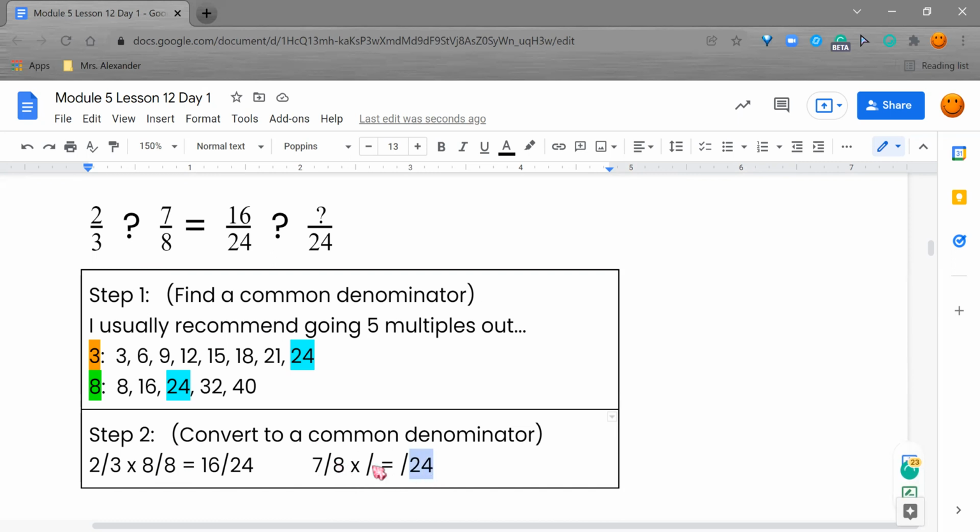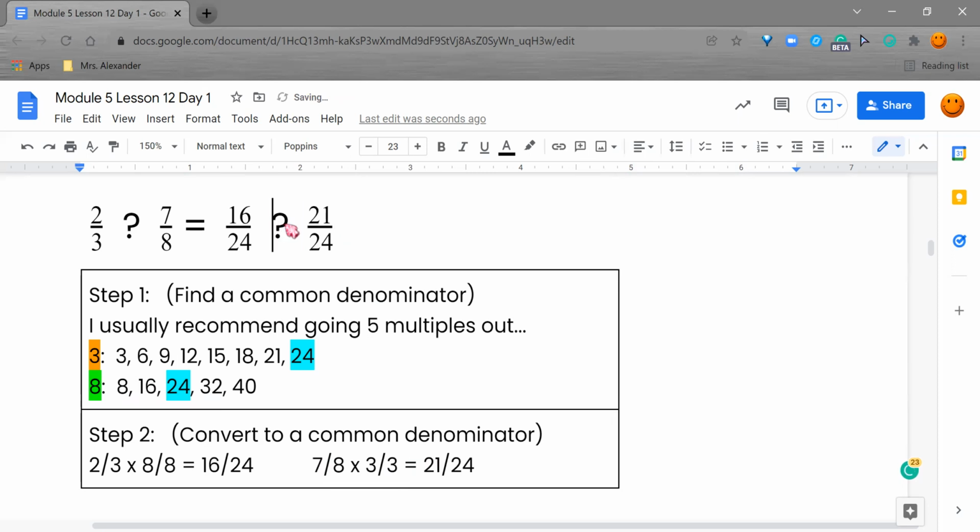So 8 times what number is 24? If you know your multiplication facts, you know what this number is. If not, count. 1, 2, 3. So I'm going to put a 3 here. Remember what I do to the bottom, I do to the top, because this number right here should always equal 1. So now I do 7 times 3. Yes, it's 21. So I'm going to come right up here and write 21.